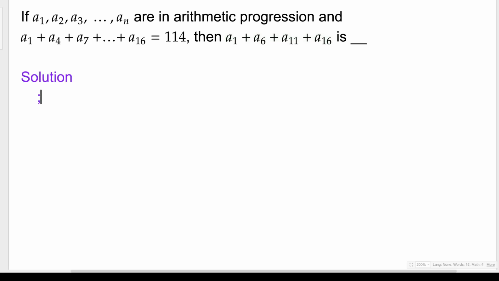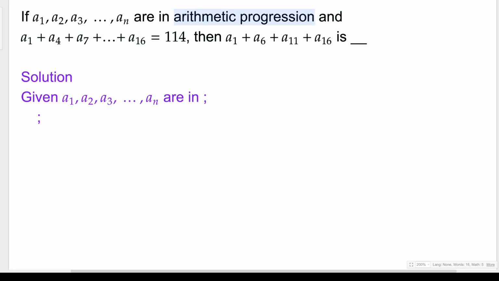Now we will proceed towards the solution. Here we are given this arithmetic progression. We can observe that this entire sequence of numbers, a1, a2, a3 all the way up to an, are in arithmetic progression.